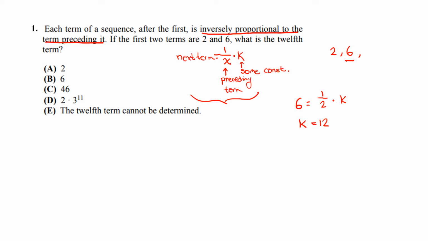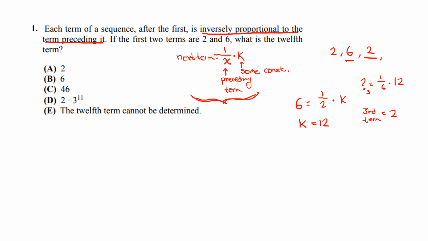So let's try to find the third term. The third term, which we don't know yet, equals 1 over, using this same relationship, 1 over 6, which is the preceding term in this case, times our constant 12. So this third term equals 12 over 6, which is 2.